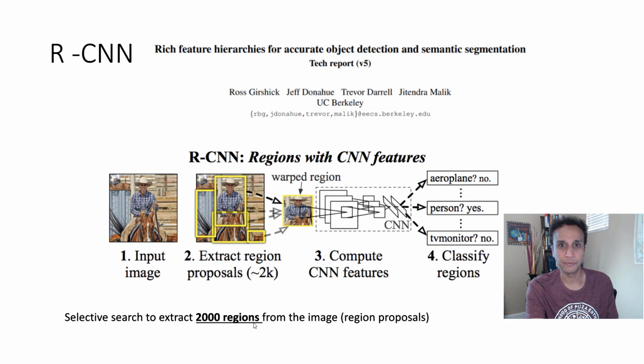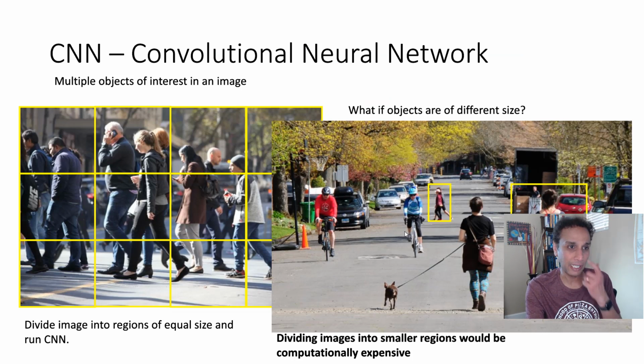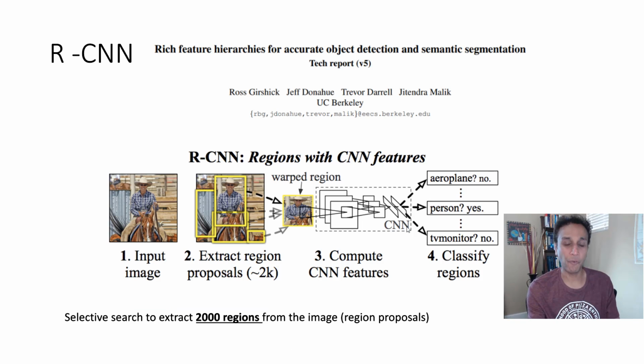How does it identify these 2000 regions? It's not dividing the image into 2000 regions of equal size. It's actually performing something called selective search to extract these 2000 regions from the image. They call these region proposals. It's actually proposing these 2000 regions so we can pay closer attention to them.